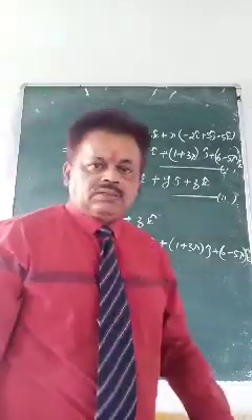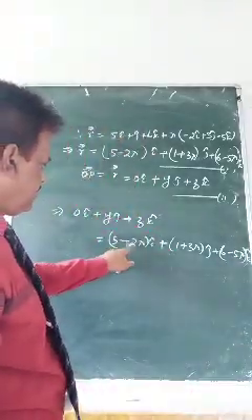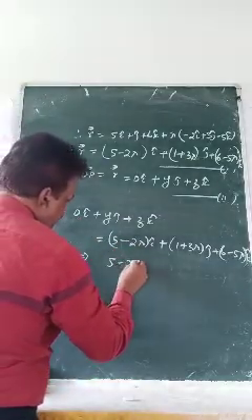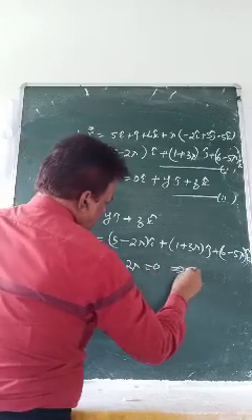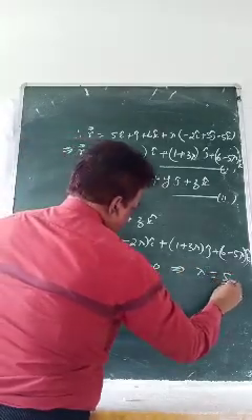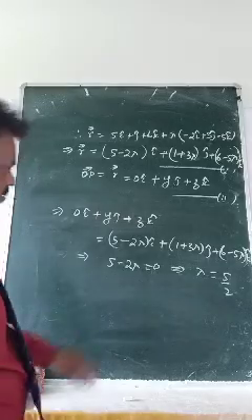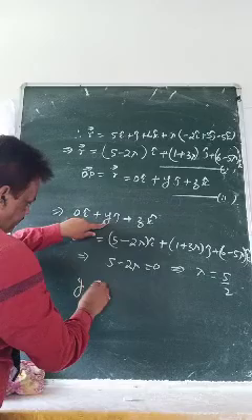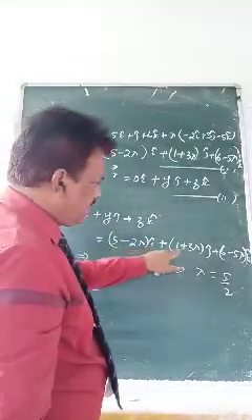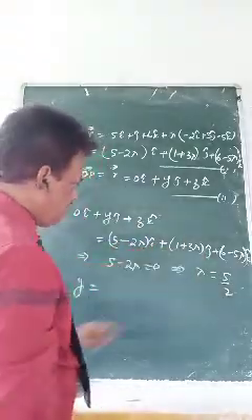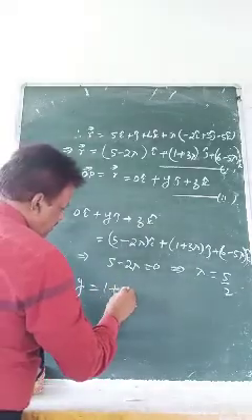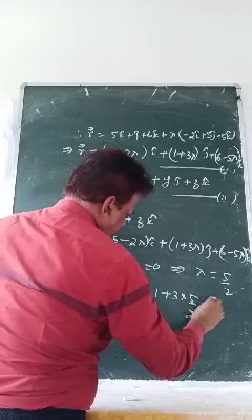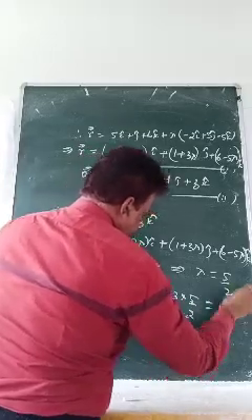Now compare both the sides. 5 minus 2 lambda equals 0 implies lambda is 5 by 2. Now lambda is 5 by 2. Y equals 1 plus 3 lambda, because j and j are being compared. 1 plus 3 into 5 by 2 is 17 by 2.